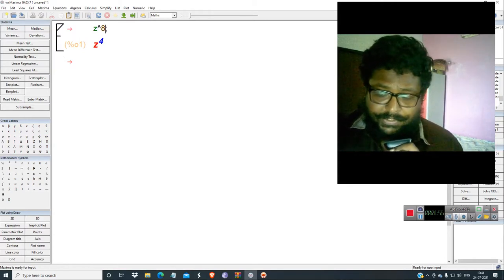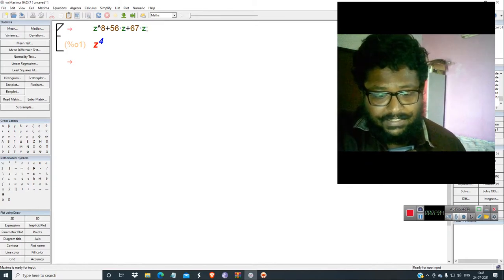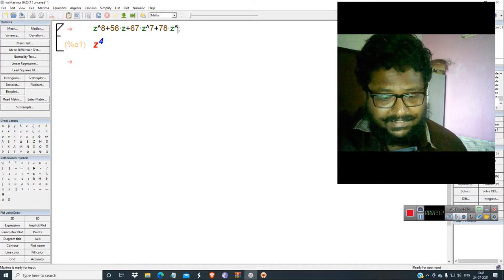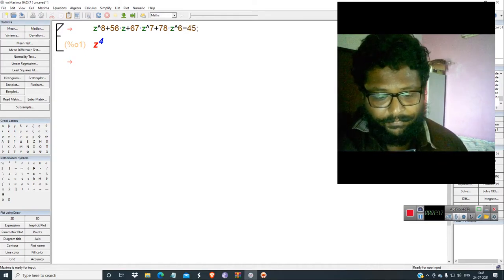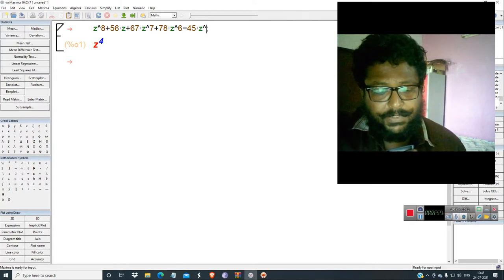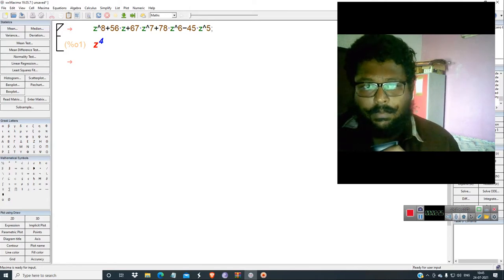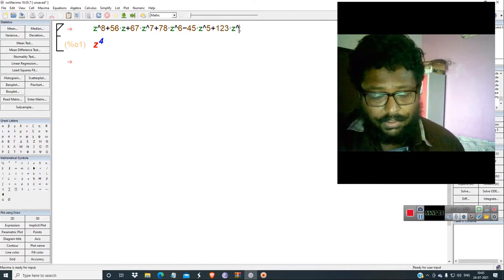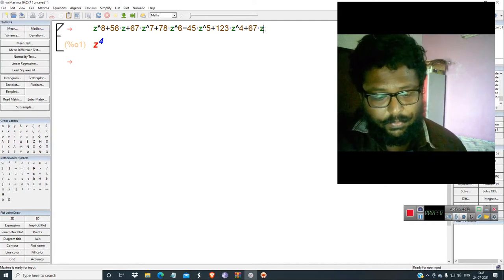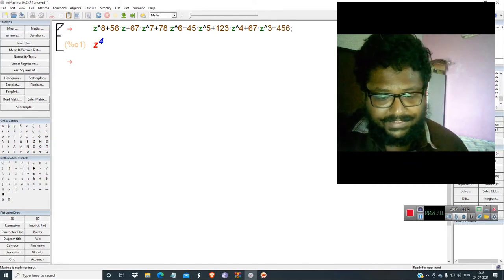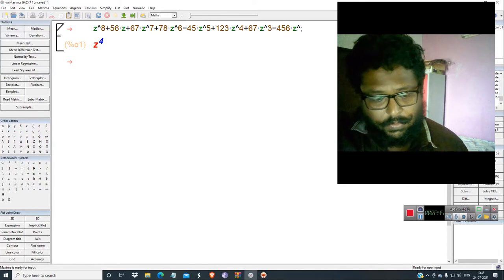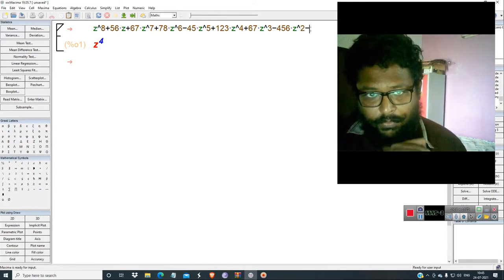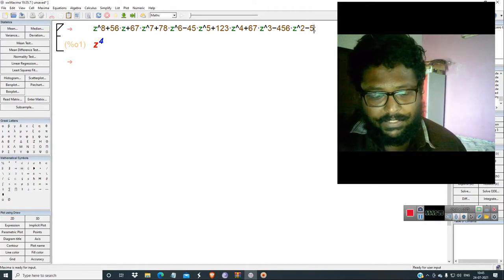Okay, let's go for z power 8 plus 56 into z plus 67 into z power 7 plus 78 into z power 6 minus 45 into z power 5 plus 123 into z, these are all complex variables, plus 67 into z cube and 4456 into z squared minus 56 into z. I'm getting very bizarre with you because I need a very complex equation to deal with.